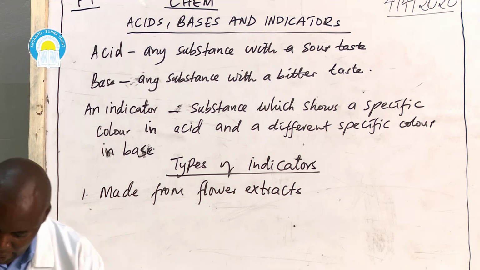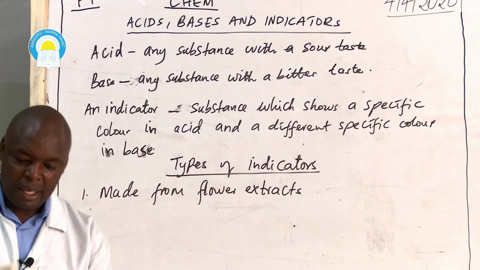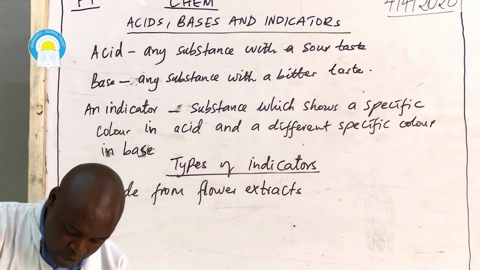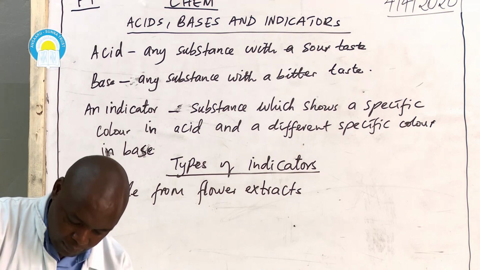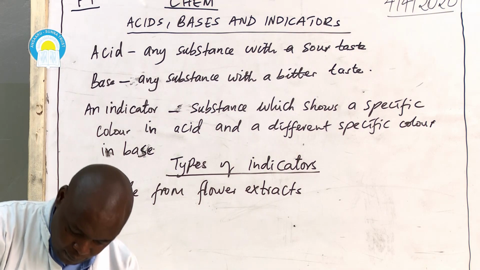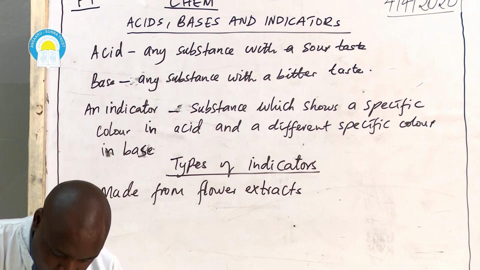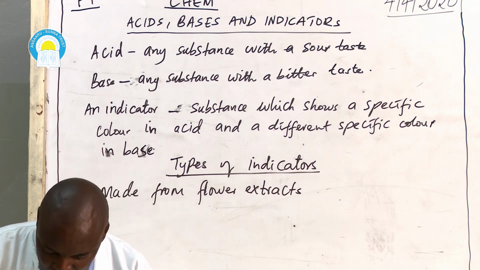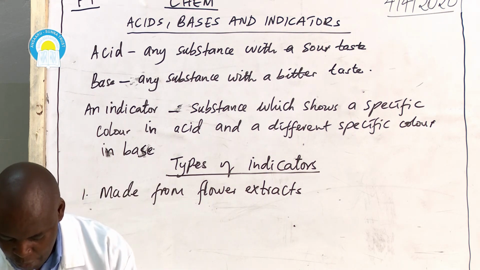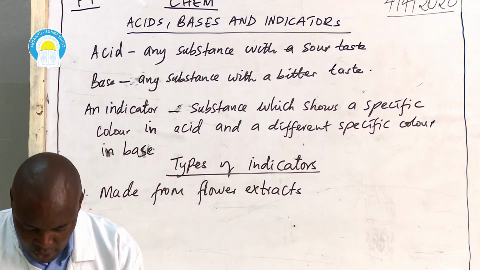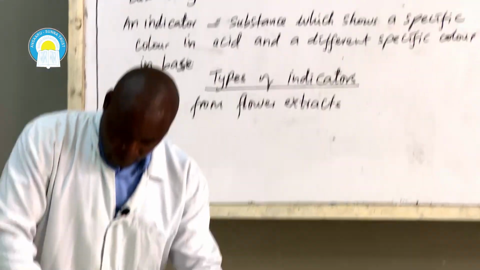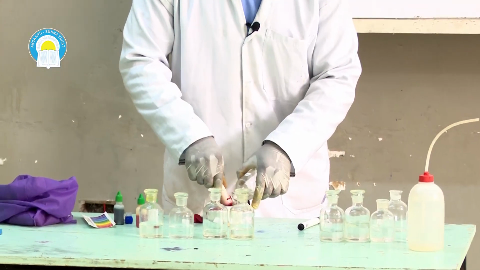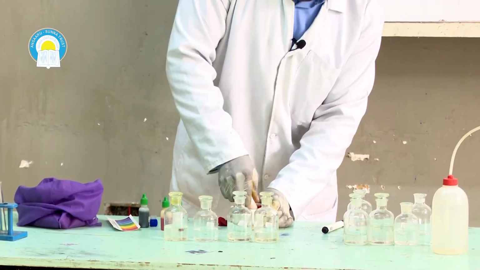This is a mortar and this is a pestle. Then you add a solvent. It can be ethanol or propanol. So I add propanol as I continue crushing these flower petals.